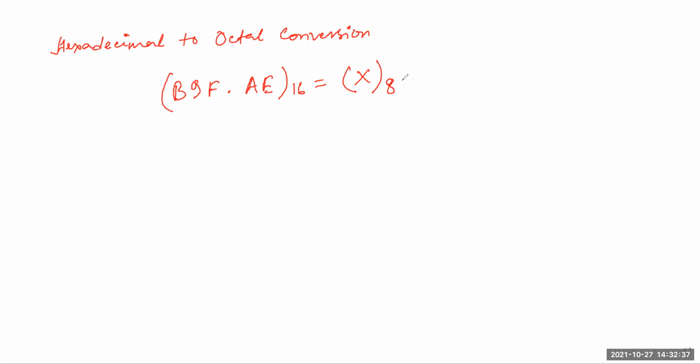For the case of hexadecimal to binary, what is the procedure? How will we do it? 4-bit type. Yes, 4-bit type.